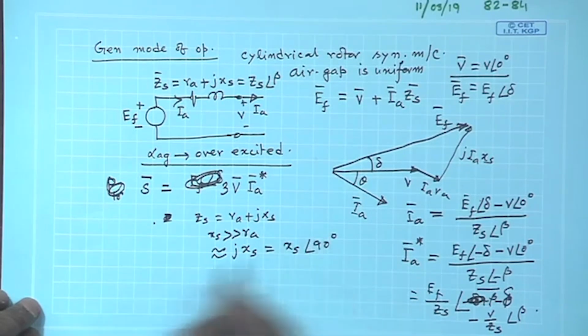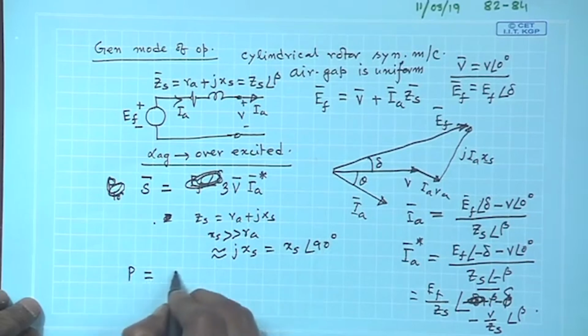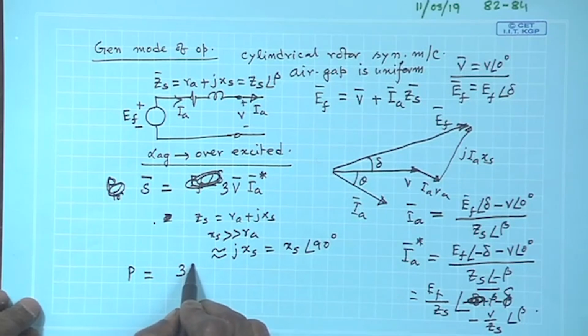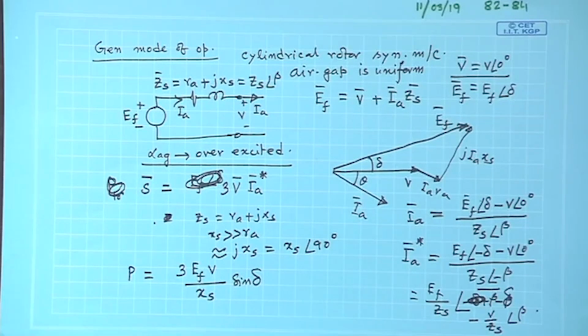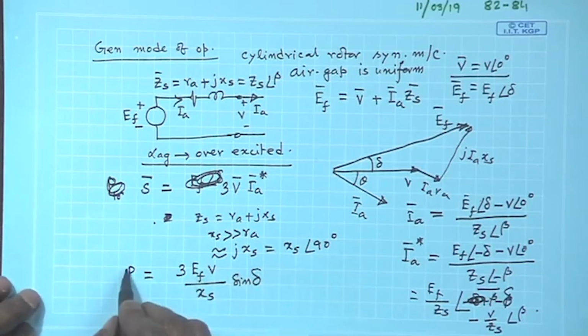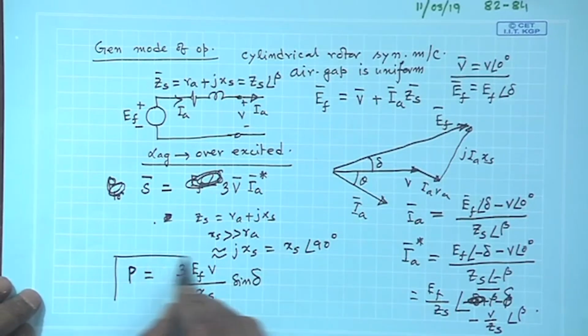And if you do that, the real power output of the generator is a very famous equation, and that is equal to magnitude of E f, magnitude of V divided by X S into sin delta. Since synchronous machine runs at constant speed, this itself will be the expression of the torque, if you want to know it in Newton meter, divided by 2 pi times the speed of the machine, that is n s, mechanical speed, you will get the expression of the torque.